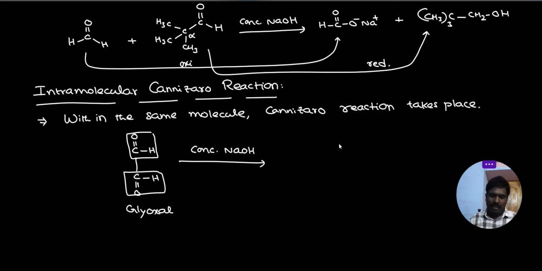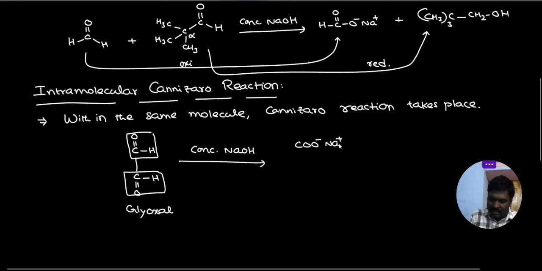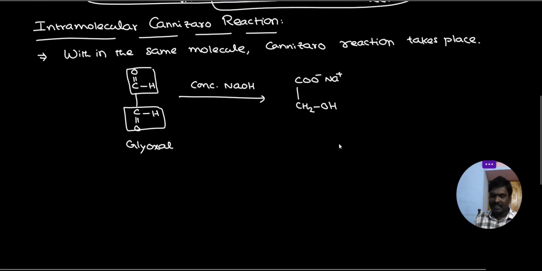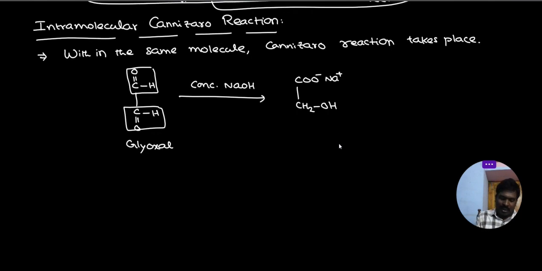There is no alpha carbon. That's why it is involved in the intramolecular Cannizzaro reaction: the two aldehyde groups are present in one molecule, one aldehyde is reduced and the other aldehyde is oxidized. So the above aldehyde is oxidized, for example, and the below aldehyde is reduced. This is the product.